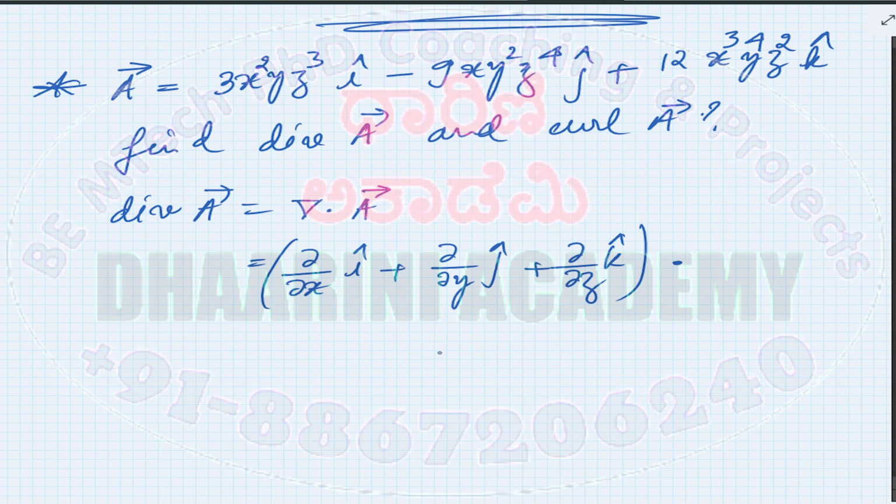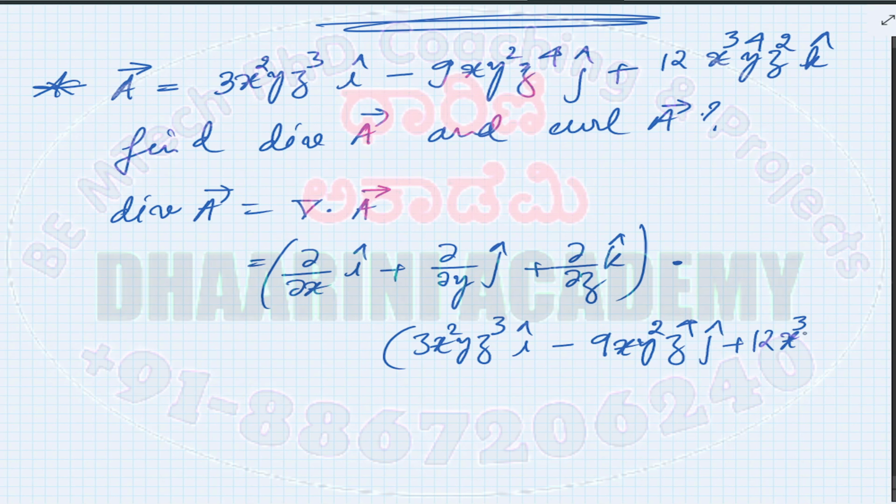Okay, dot product of this with the vector A. So you can see that vector A is 3x²yz³ into i cap minus 9xy²z⁴ j cap plus 12x³y⁴z² into k cap.